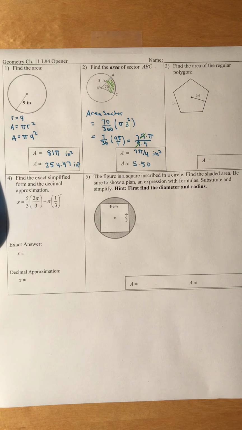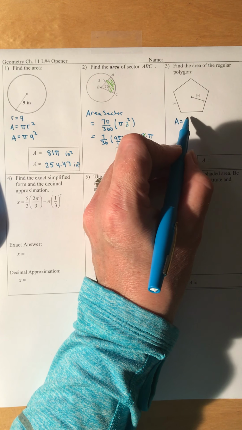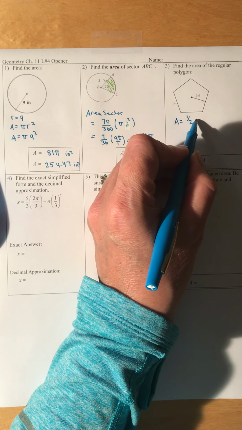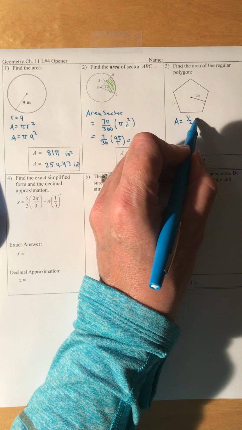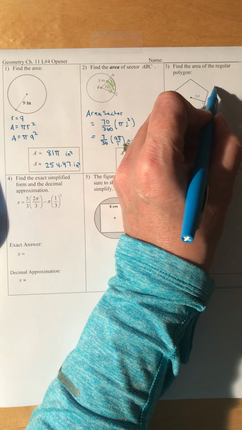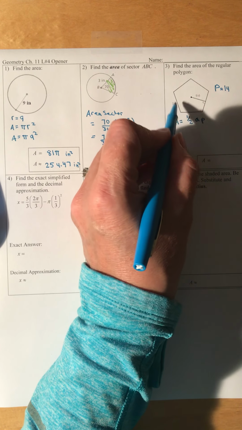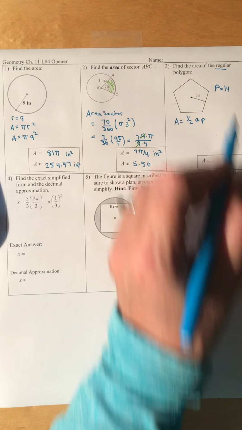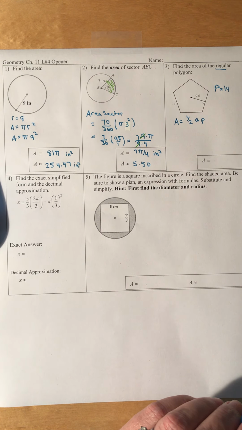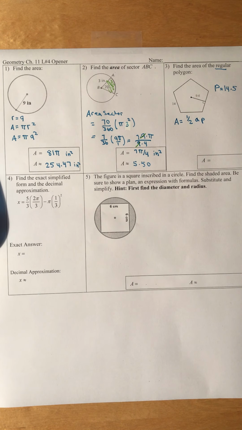Alright, next one is to find the area of a regular polygon. That's a formula that you should have just gotten from last class. The area is 1/2 the apothem times the perimeter. And the perimeter in this case is 14 for the outside. One side is 14, and it's a regular polygon, so they're all 14, and there are 5 sides. So it's 14 times 5, which is 70.